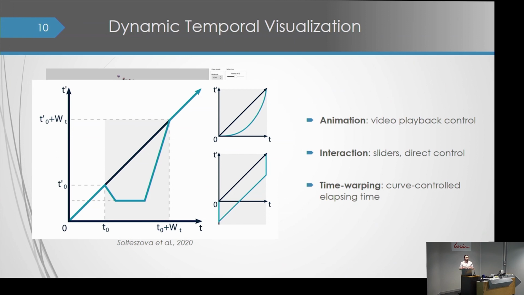It's kind of like animation, a kind of video playback control, but the user can control the curve, deciding at which speed the time will elapse. The point is to be able to control the curve to accelerate during moments where there are less interesting features, and to slow down for more interesting features.